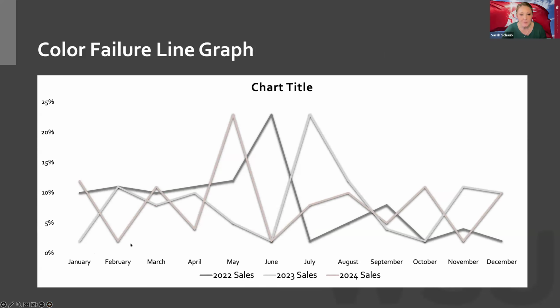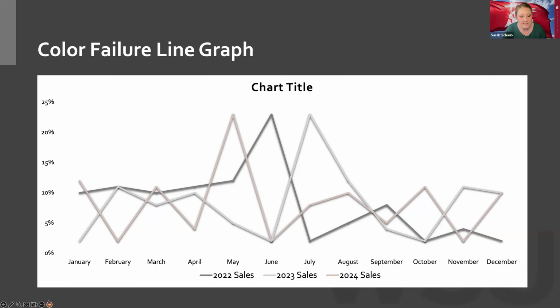This is an example of a line graph that's using, again, three different similarly toned colors, kind of a beigey pink, a medium dark gray, and a lighter gray. Somebody who's colorblind might not be able to differentiate and might get confused with this line chart.